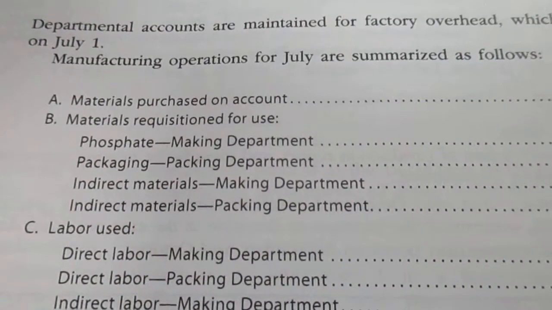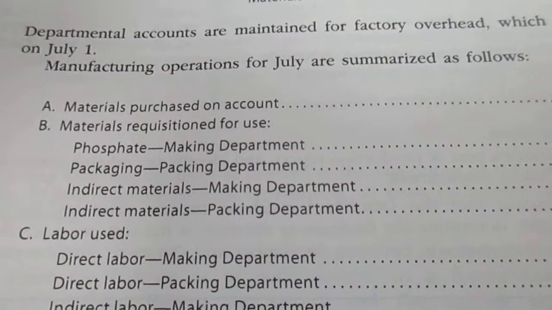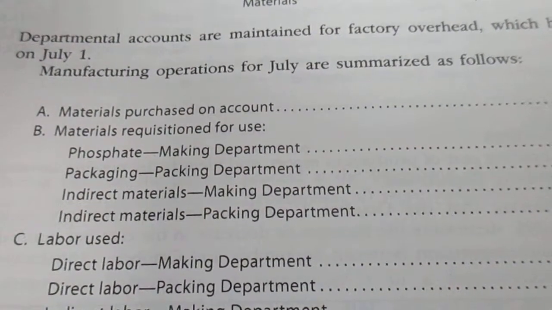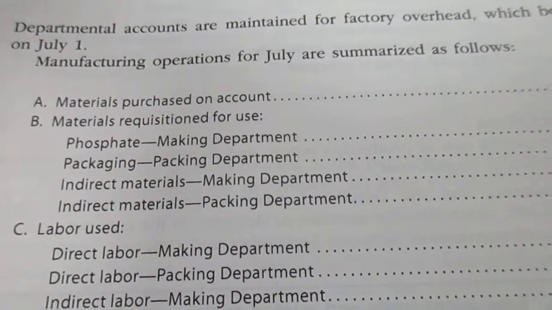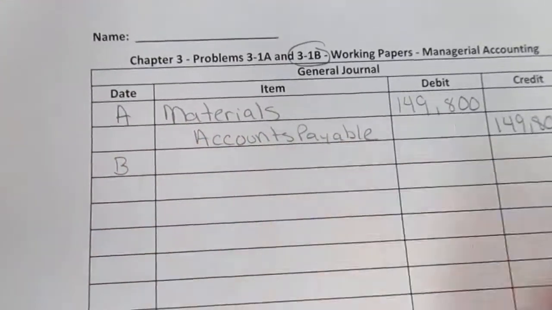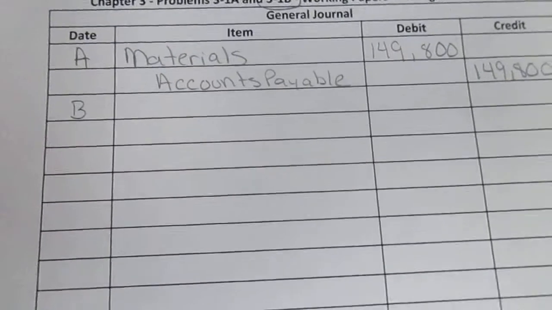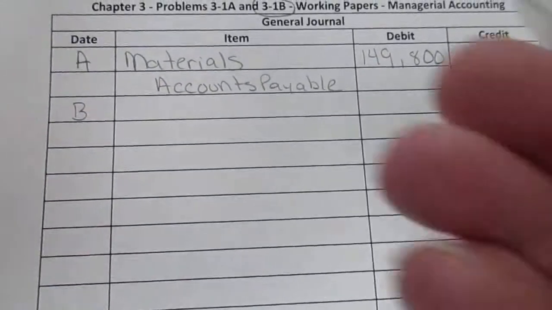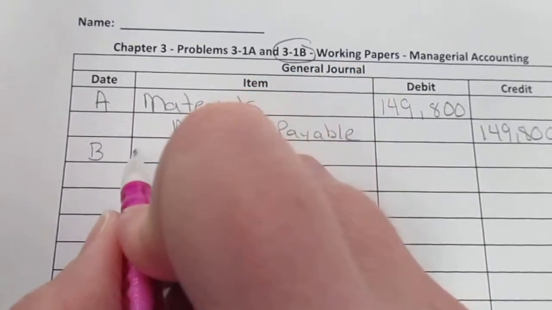Letter B, materials requisitioned for use. We requisitioned phosphate, packaging, and some indirect materials. So we need to keep track of all of that. And again, this is kind of an extension of the entries that we learned how to do in Chapter 2. In this case, we're working with 2 different departments instead of a single department. So we're moving materials from materials into work in process.